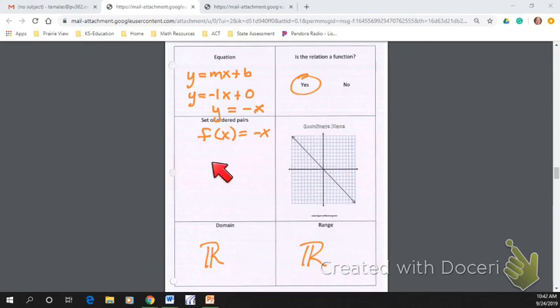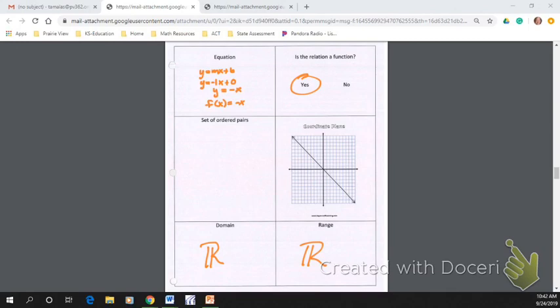Okay? Now let's talk a little bit about this one right here, set of ordered pairs. This still goes up in this box. Once again, this isn't something they're going to ask you, but I am exposing you to it because you get to it in chapter 8. So this is what this one would look like in set notation. It would be the set of all points x comma y such that y is equal to negative x.